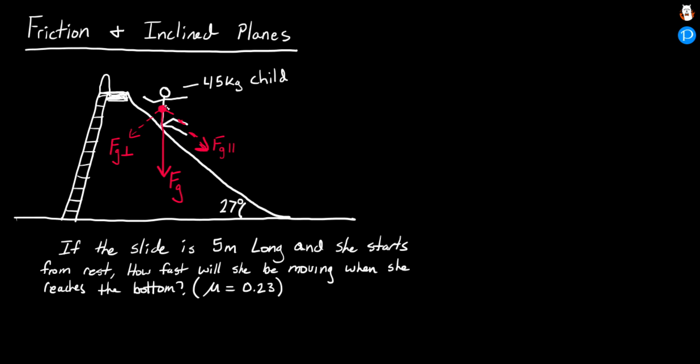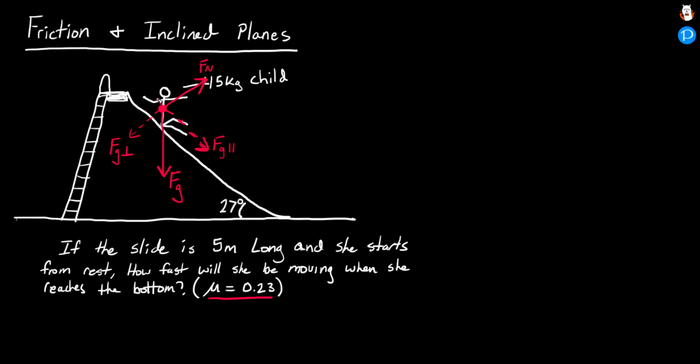Now we also have the normal force. The normal force, we've learned, is always pointing perpendicular to the surface that it's in contact with. The child's in contact with the slide this way, and so the slide pushes up perpendicular to that. So that's the normal force from the slide. And then, since we're told not to ignore friction, and in fact we're given the coefficient of friction right here, that's what that mu symbol stands for, 0.23 is the coefficient of friction.